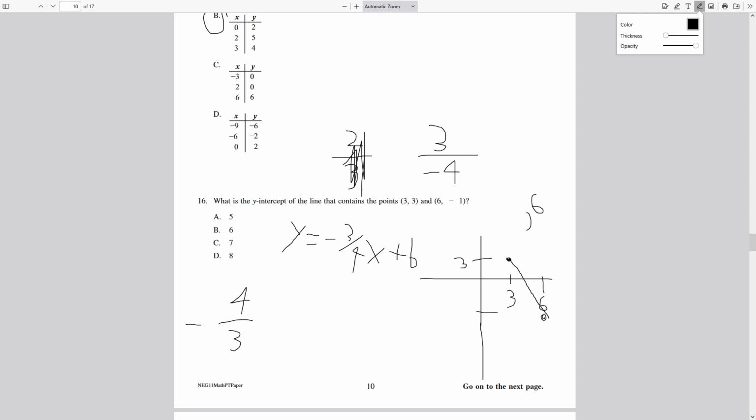Oh, man. What is the y-intercept? Oh, wait. You rose 3, and then you ran negative 4. No. You ran 3.